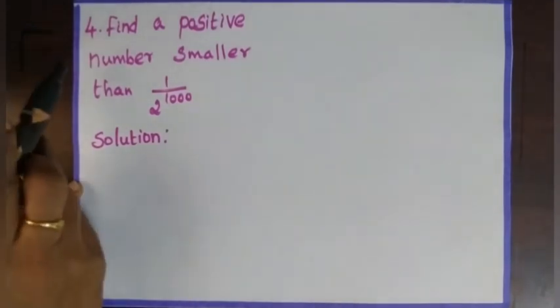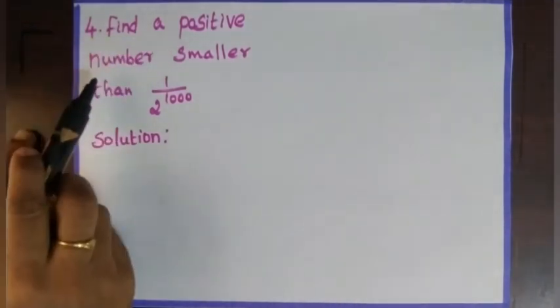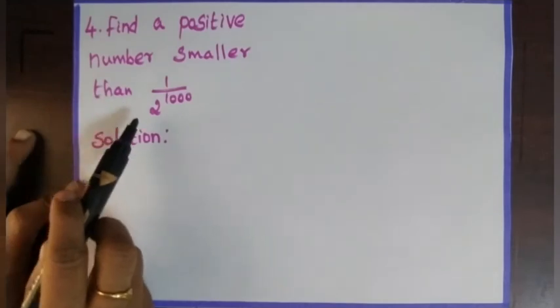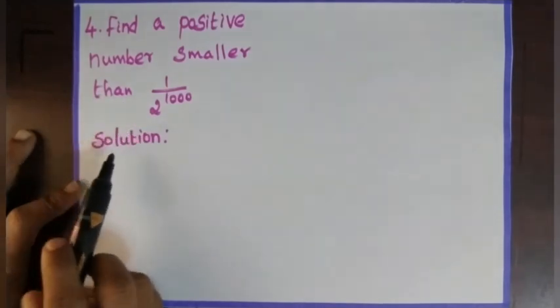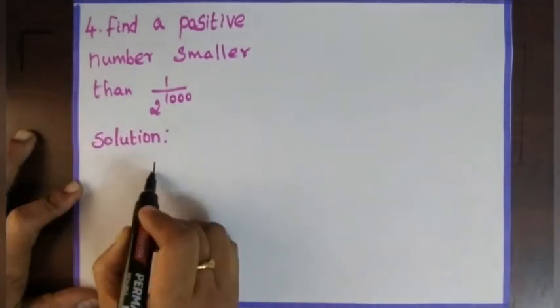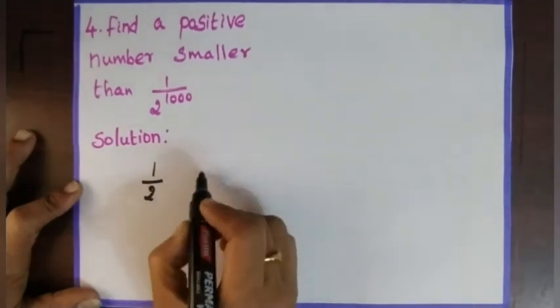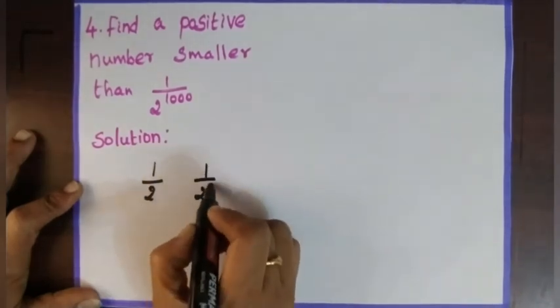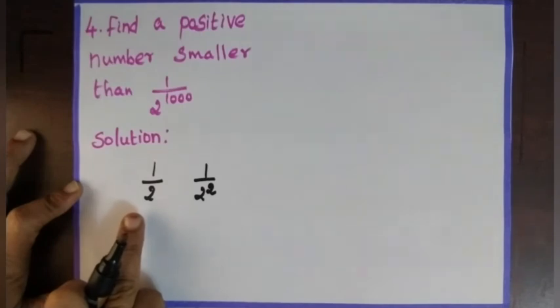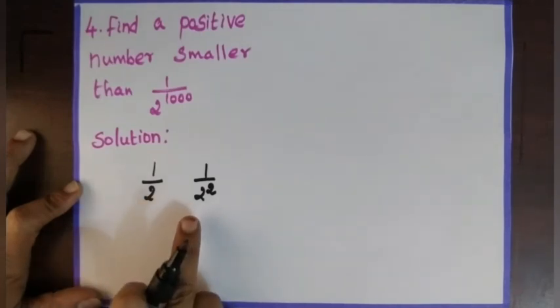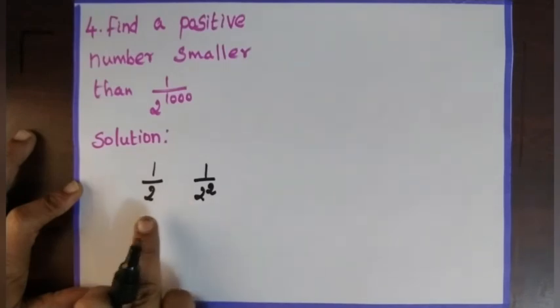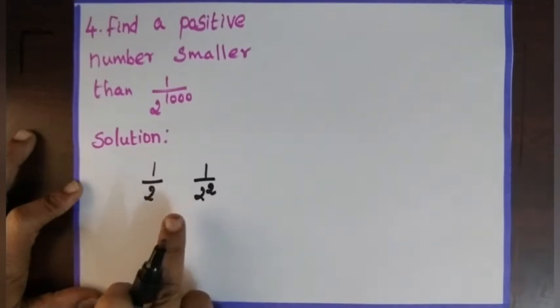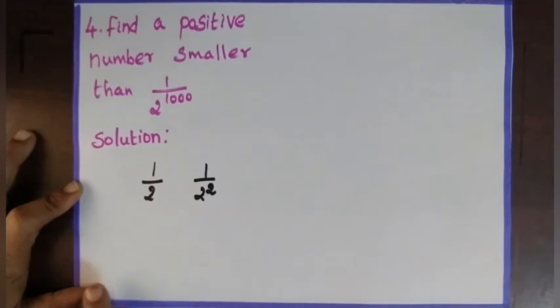Question number 4. Find a positive number smaller than 1 by 2 power 1000. Just assume 1 by 2 and 1 by 2 square. The power of 2 is 1 here, and here the power of 2 is 2 square. Just look at the denominator only. When we compare, 2 square is greater than 2.